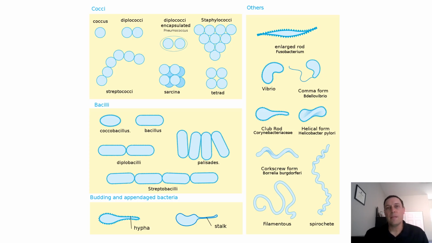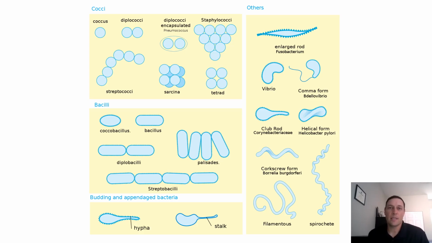Okay, so if we think about microbes and the cells that make up microbes, and most specifically when we talk about bacteria, which will be one of the primary microbes that we talk about in this course, one of the things that's helpful when thinking about these cells, these fundamental structures, is being able to describe them.